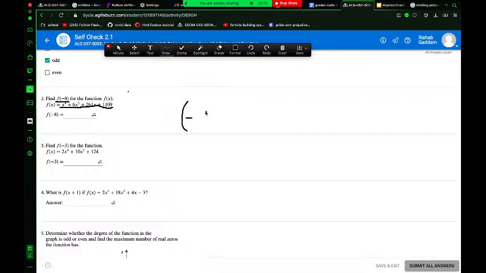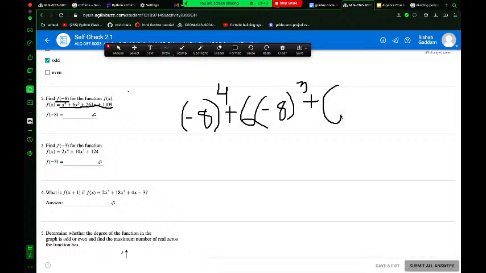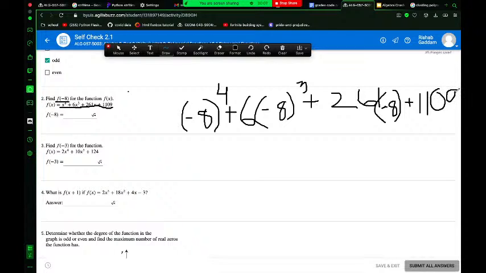So you just do negative 8 to the power of 4, plus 6 times negative 8 to the power of 3, plus 261 times negative 8, plus 1109.